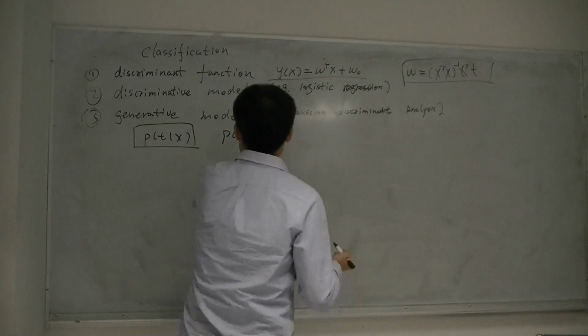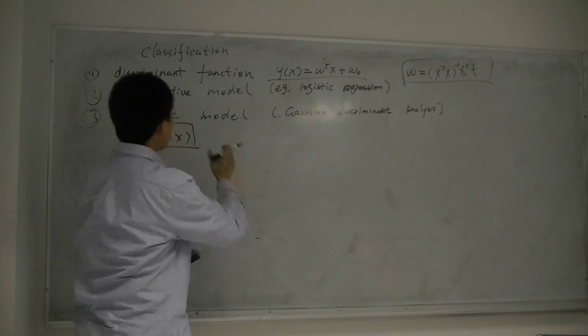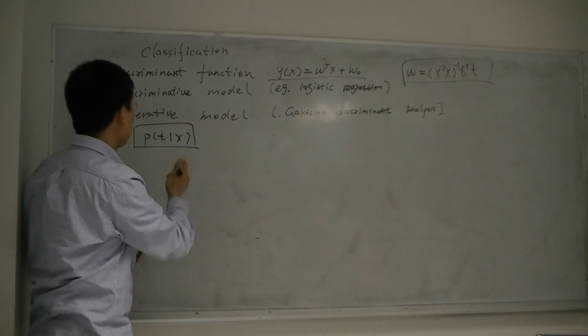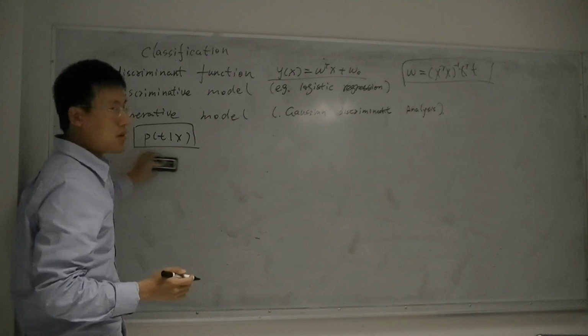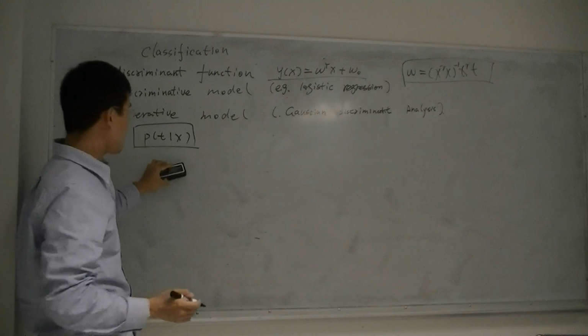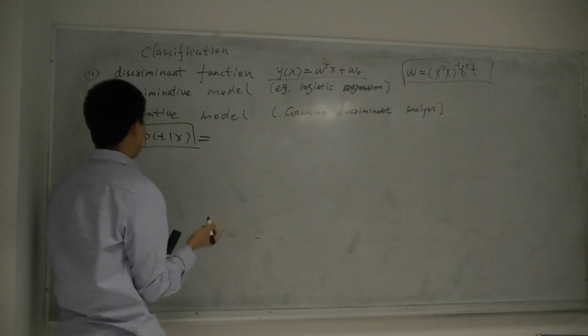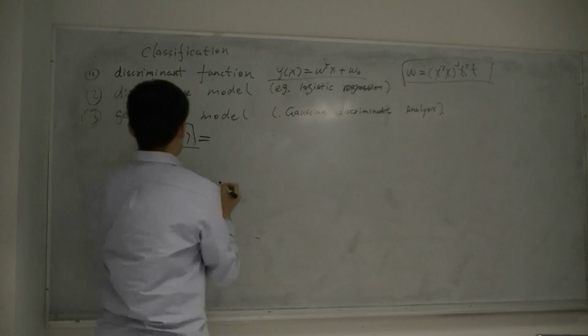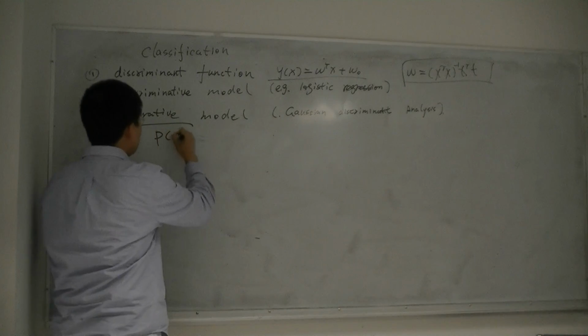So let's give a quick recap about the second method. We try to solve the posterior distribution P(t|x). Let's consider a binary case.